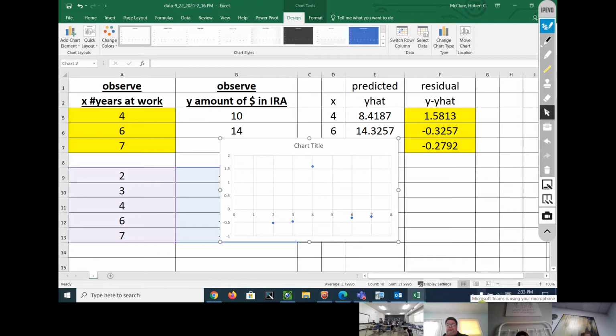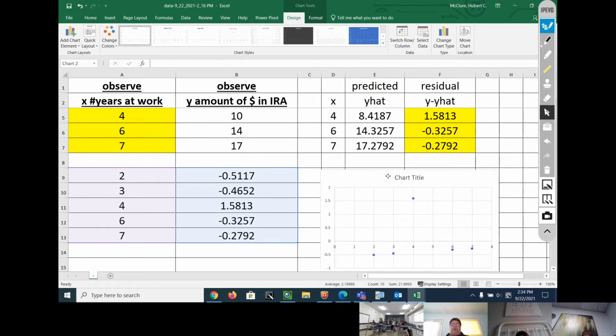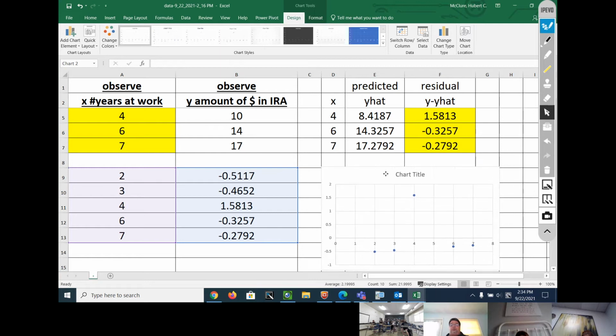So 1, 2 is a negative, 3 is a negative, 4 is a positive, and 5 doesn't exist, and 6 is a negative, and 7 is a negative. You could say 7 could be a positive, but anyway. Now, does that tell me anything? No, not really. But that's what they want. For some reason, there are some questions in this homework that want the residuals graphed.